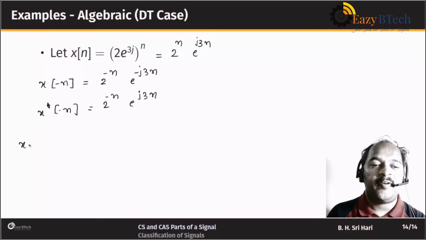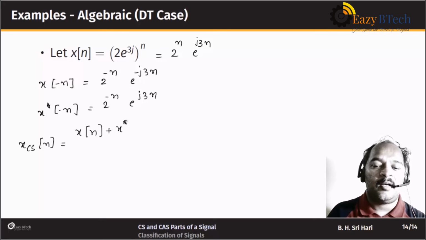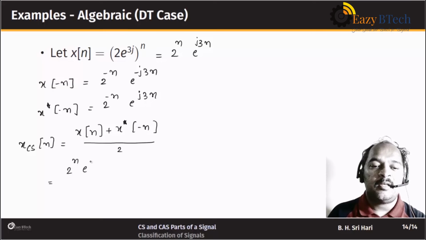Now we can find the conjugate symmetric part, xcs of n, as x of n plus x star of minus n, all divided by 2. So that turns out to be 2 power n e power j3n plus x star of minus n, which is 2 power minus n times e power j3n, whole divided by 2.